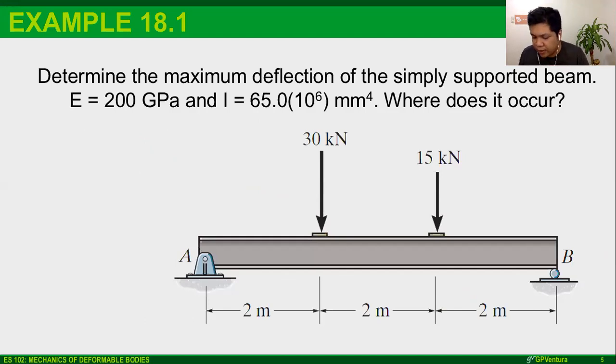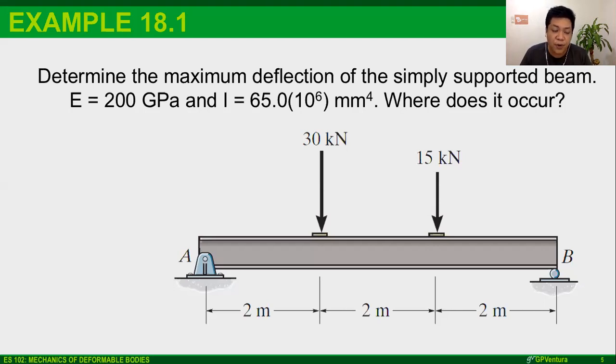So at this point, let's already try to look at an example. Determine the maximum deflection of the simply supported beam with a modulus of elasticity of 200 gigapascals and a moment of inertia of 65 times 10 raised to 6 millimeters to the fourth. And where does it occur? If I look at the figure, this is a simply supported beam.